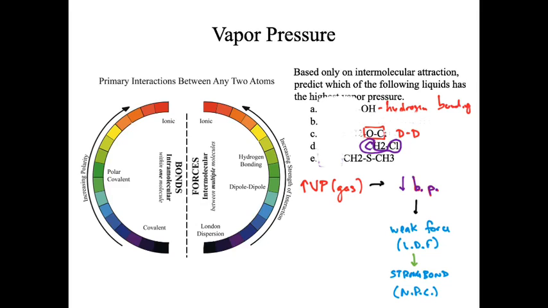Okay, but you're tying the carbon to the chlorine, which is a polar covalent bond, because there's no metal, which then means dipole-dipole. We move to the next one. Sulfur to carbon, which is polar covalent, which will lead to a dipole-dipole force. Which of those had the weakest force? The one we erased, because there's literally nothing there to have a force.